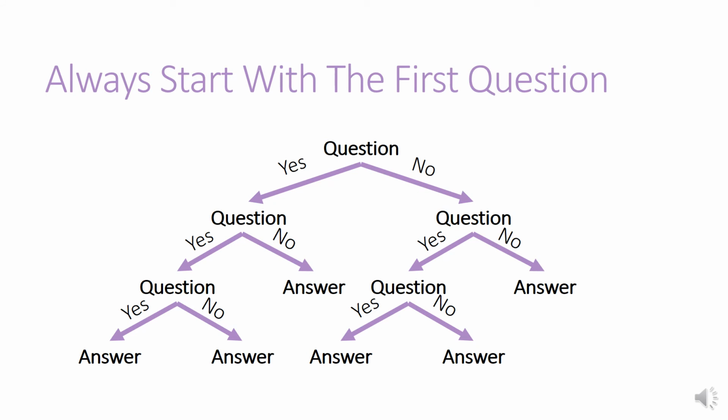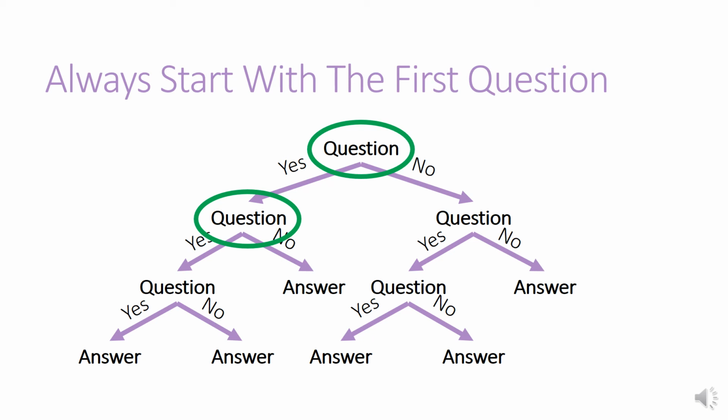Something that's going to be really important to keep in mind as you try to apply a dichotomous key is that you need to always start with the very first question for the key. If you try to skip around or take shortcuts, you're probably going to wind up getting very lost, confused, and angry during the process. If I start with the first question and I answer it either yes or no, in this case I'm going to say yes, that's going to take me in a certain direction.